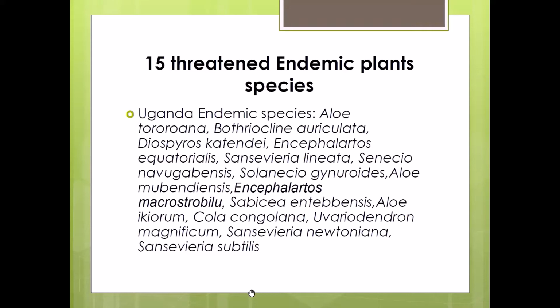And these are Allotororana, Botrocline auriculata, Diospyros catendei, Encephalartos equatorialis, Sansevieria lineata, Senecio nafucabensis, Solanecio garniroides, Allo mubendensis, Encephalartos macrostrobilus, then Sabicaea interbensis, Allo echiorum, Cola congolana, Pharidendron magnificum, Sansevieria newtoniana, then Sansevieria subtilis.